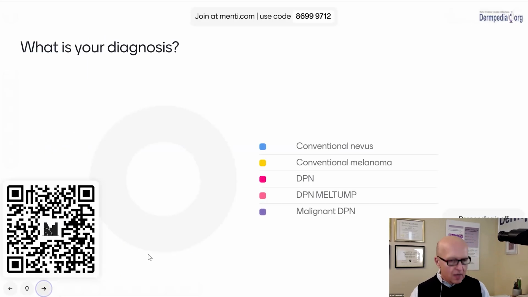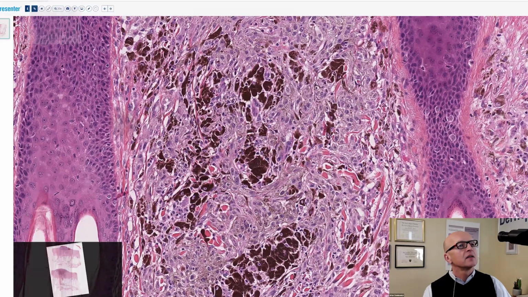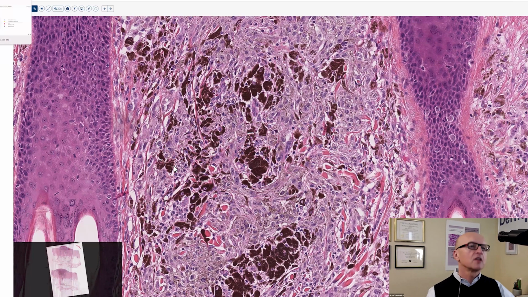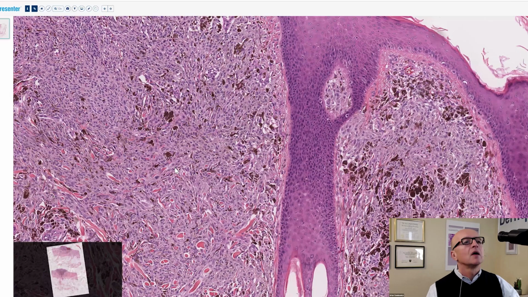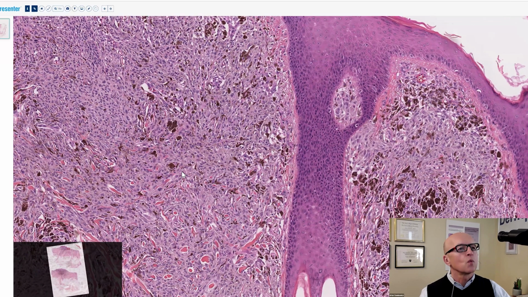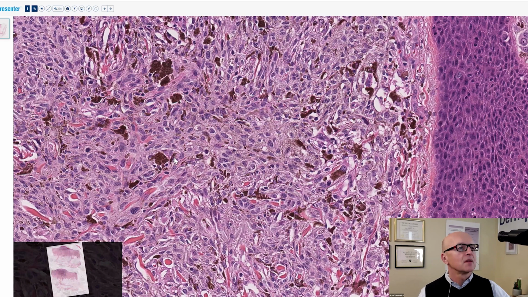What is your diagnosis now, knowing this genetics, that we do have lineage defining genetic features of conventional melanoma, and we have pathogenic mutations in beta-catenin, which implies Wnt, and we have TERT promoter mutation at the same time.